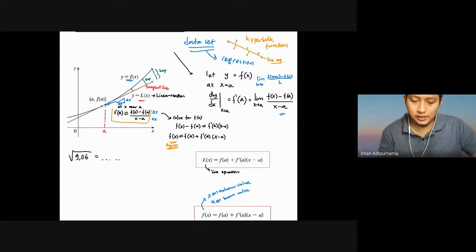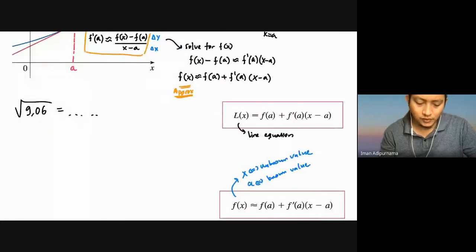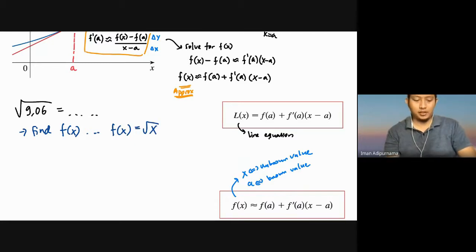Okay, so first, in linear approximation, if you have this kind of question, first find the function. I think the suitable function for this one will be square root of x, right? So the x is 9.06. The second thing is to find a.